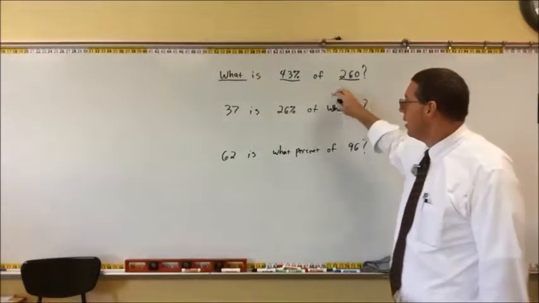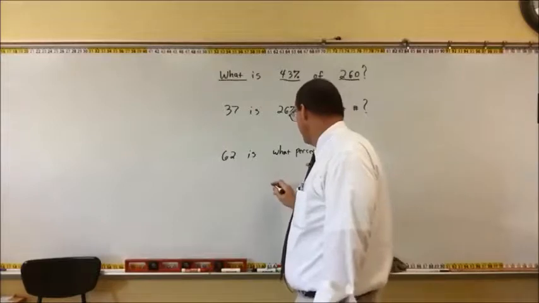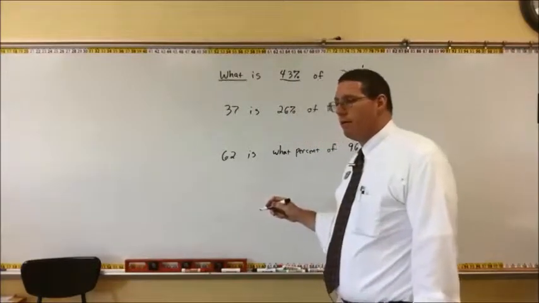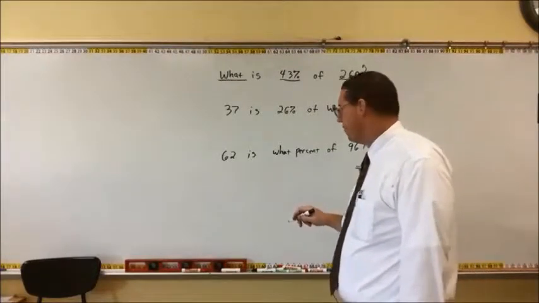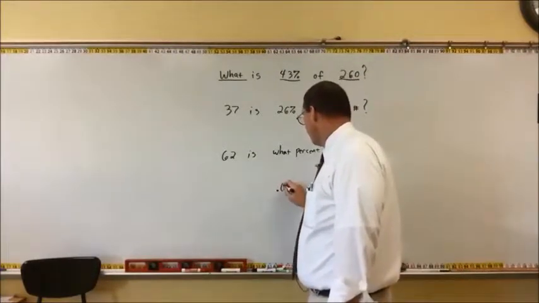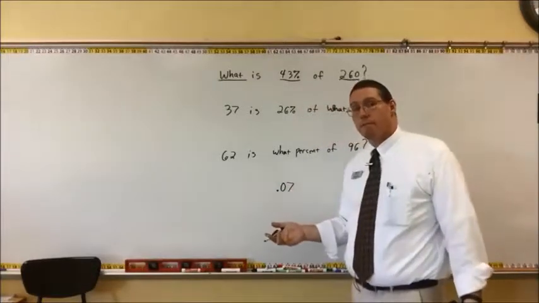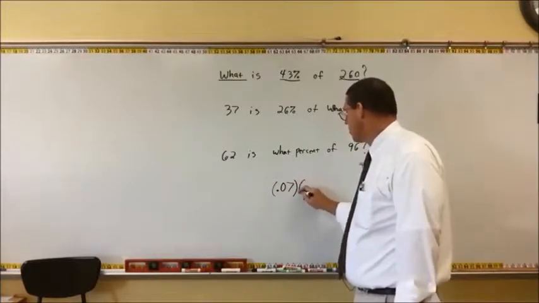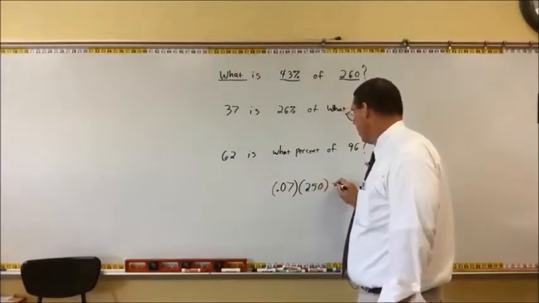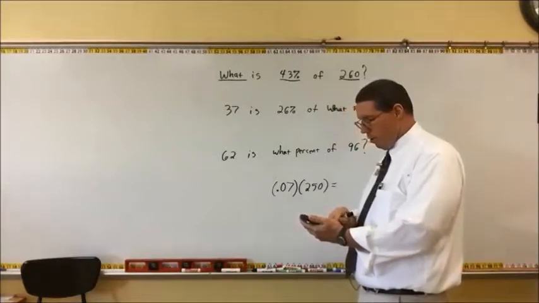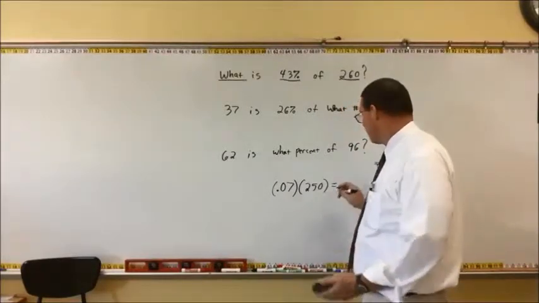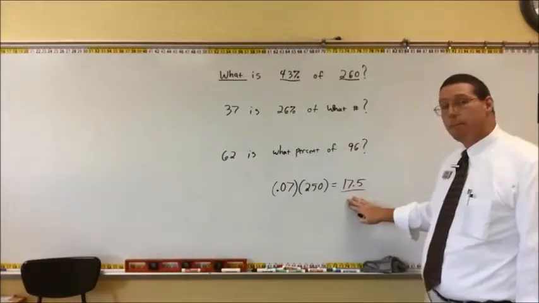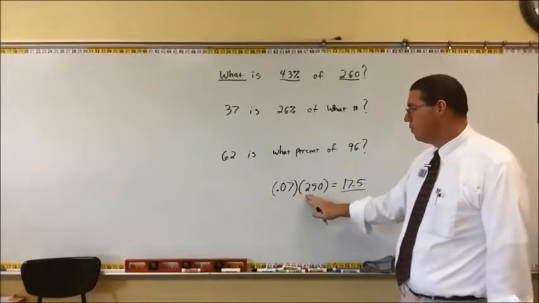Typically you'll have something like, I need to know what 7% of 250 is. 0.07 is 7% as a decimal, and if I multiply that times 250, 0.07 times 250 gives me 17.5. This is my answer. So 17.5 is 7% of 250.